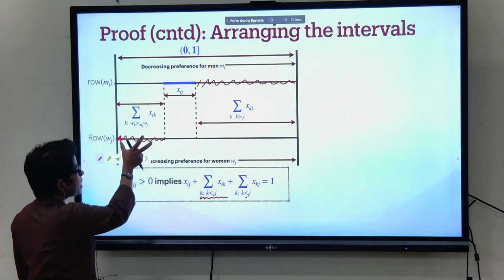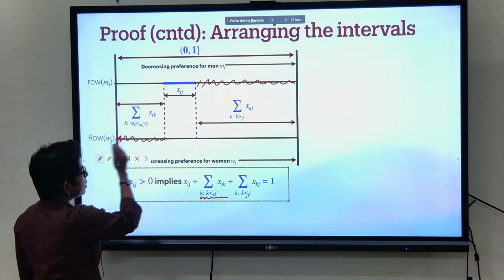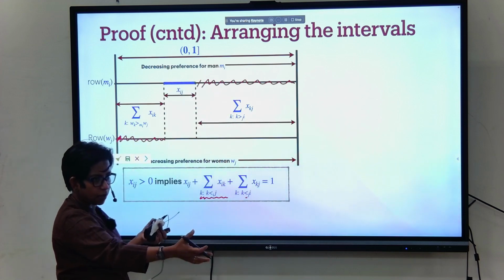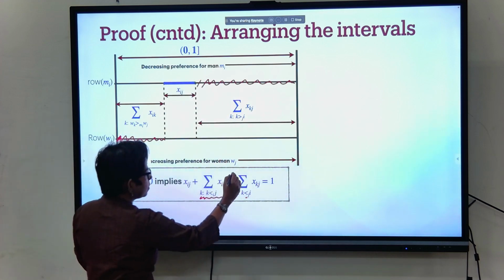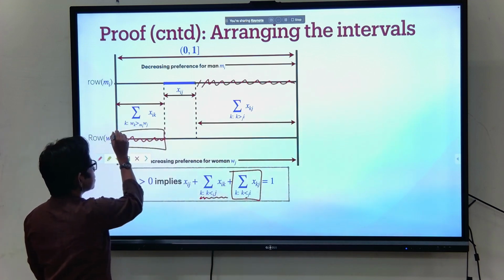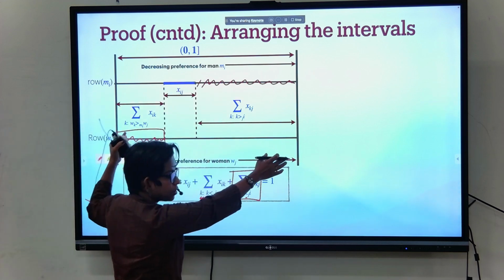This portion in the woman j's row, this part and this part, they all add up to 1. So, this portion must correspond to this area, correct? Because this is a 0, 1 line, right?